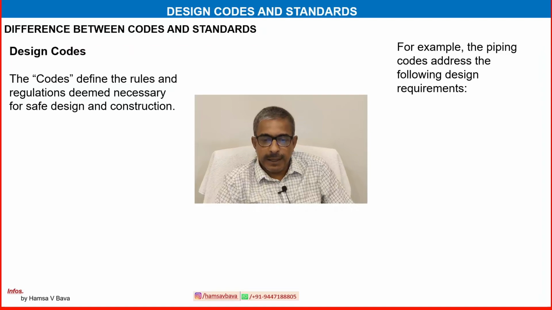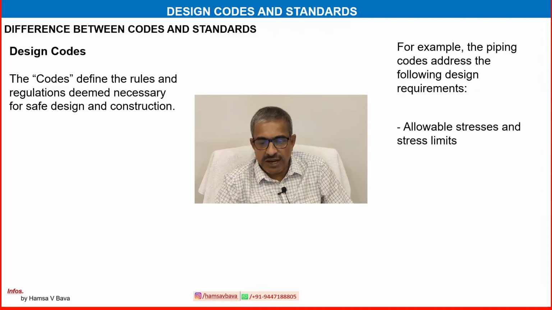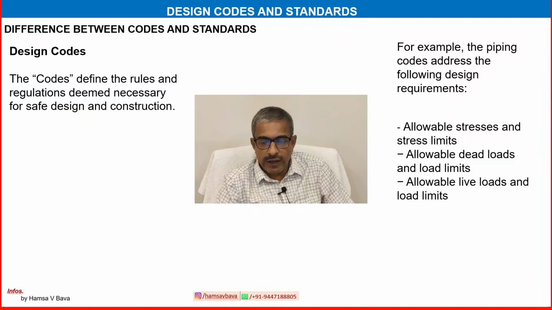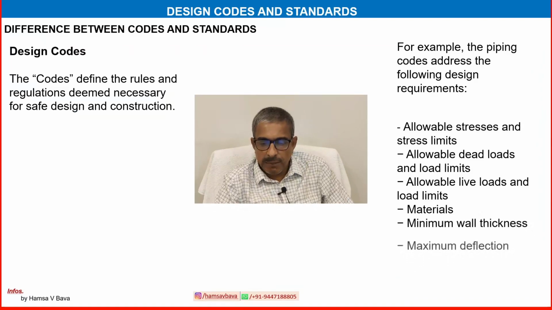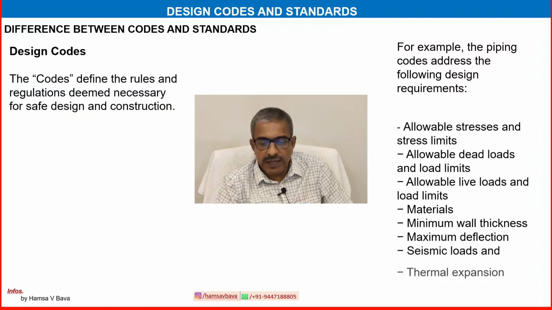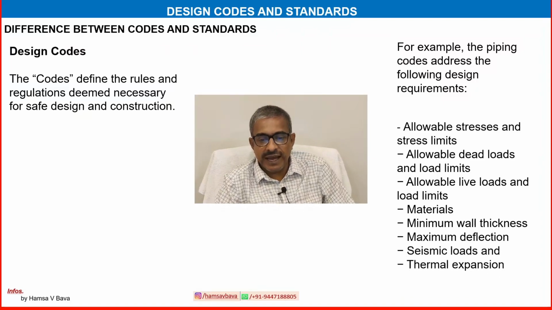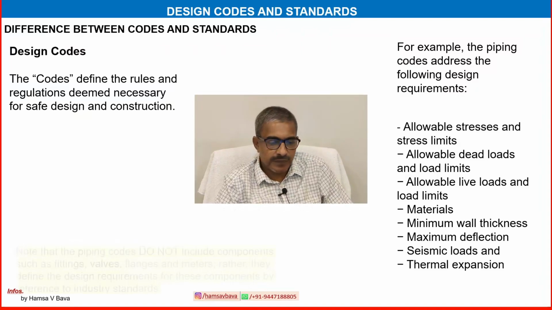For example, the piping codes address the following design requirements: allowable stresses and stress limits, allowable dead loads and load limits, allowable live loads and load limits, materials, minimum wall thickness, maximum deflection, seismic load and thermal expansion. So these are the design requirements for developing the codes and standards.